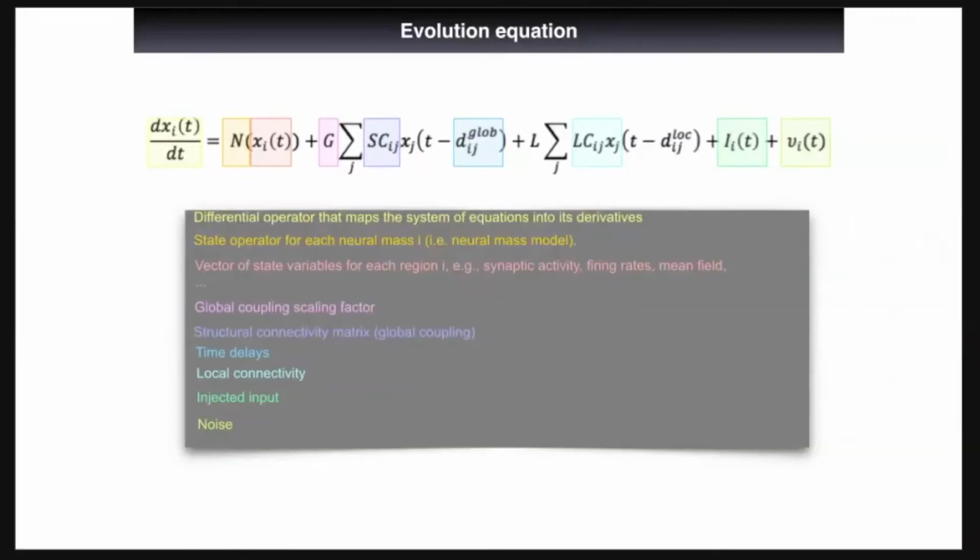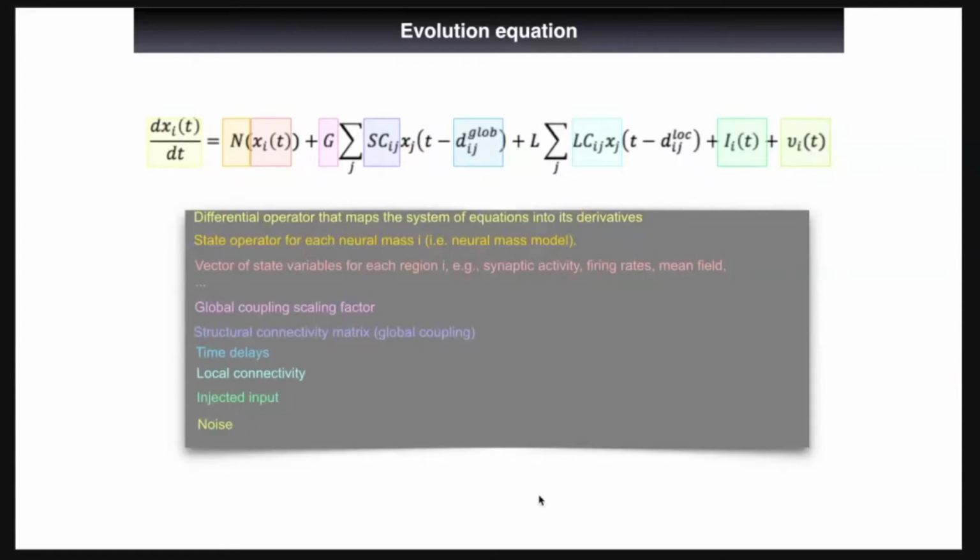At the heart of the Virtual Brain is the evolution equation that you are seeing here. On the left-hand side, you see the differential operator. On the right-hand side, the vector of state variables. N stands for the population model that you have selected, and X for the state variables, which depend on the selection of the population model.